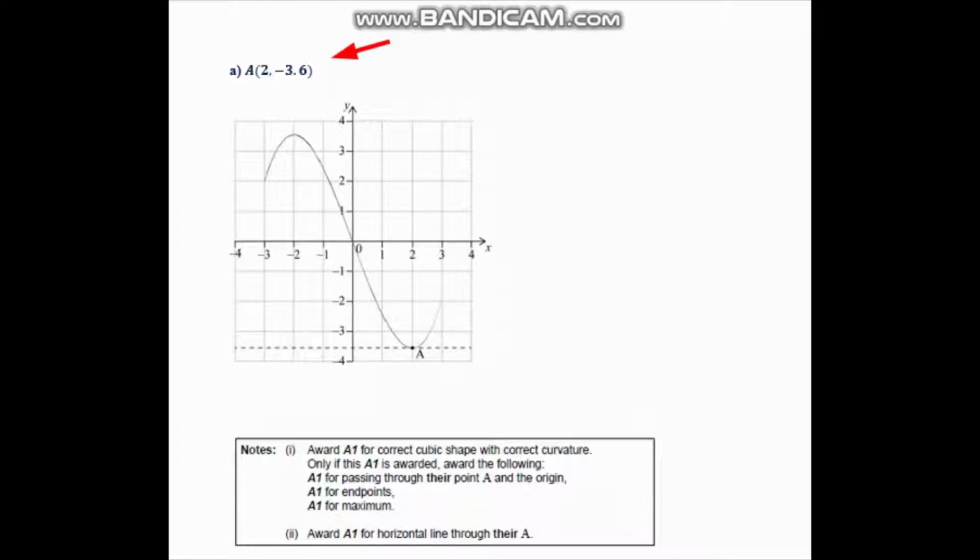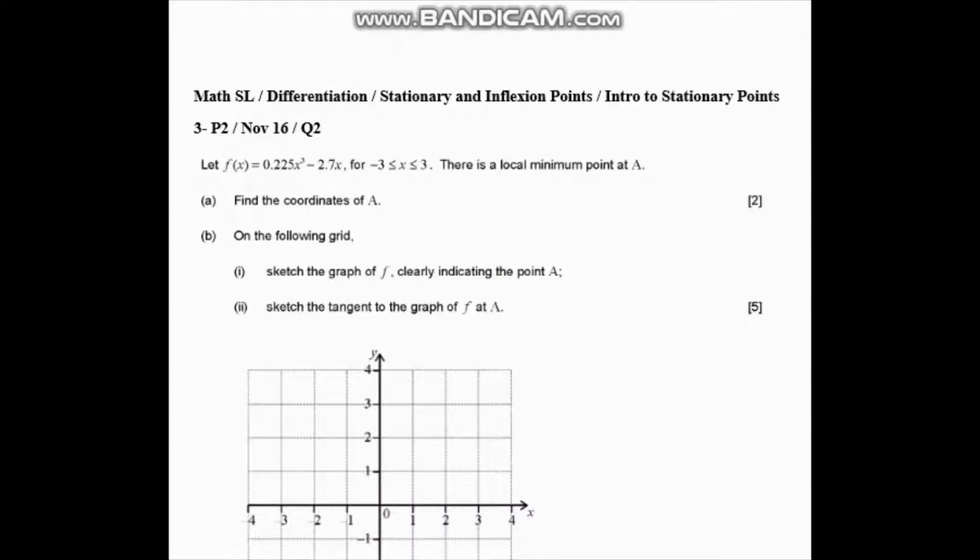Let's move on to question B. In question B, I'm asked to sketch the graph of f within this domain, clearly indicating the point A, which is my minimum point, and then to sketch the tangent to the graph at A. So let's take a look at the calculator drawing.